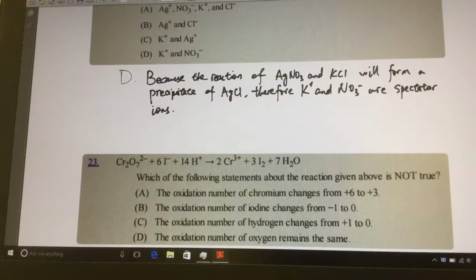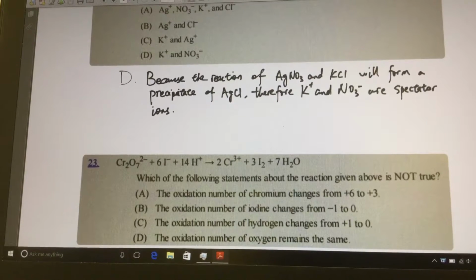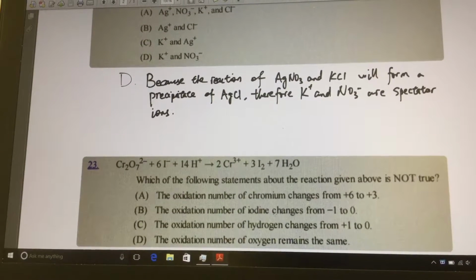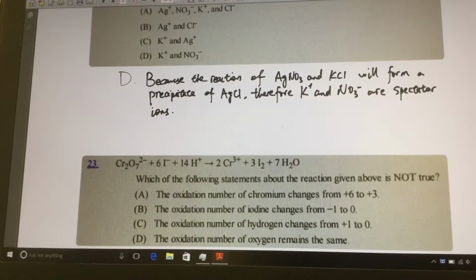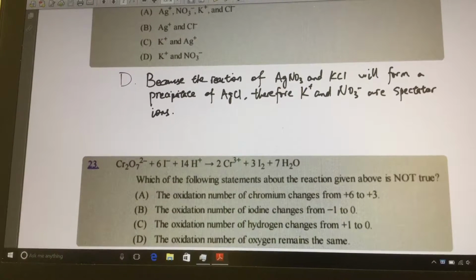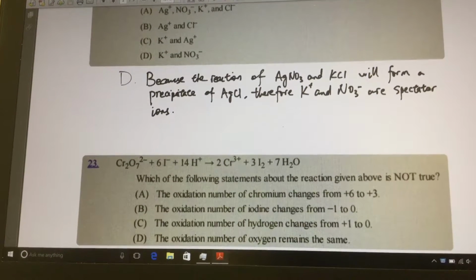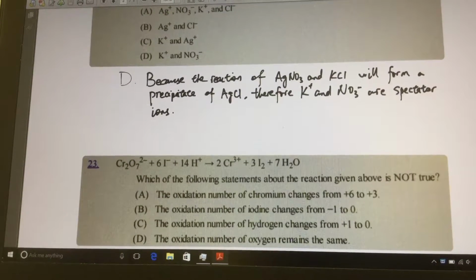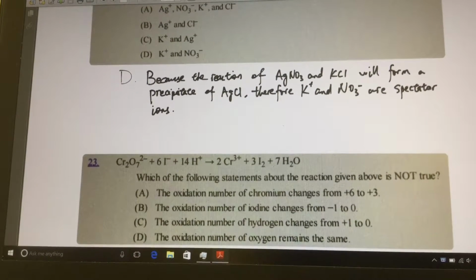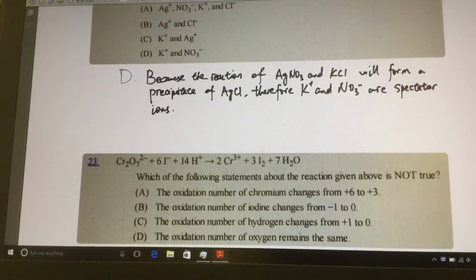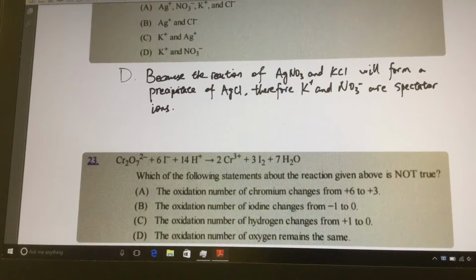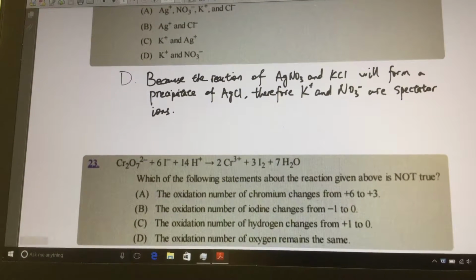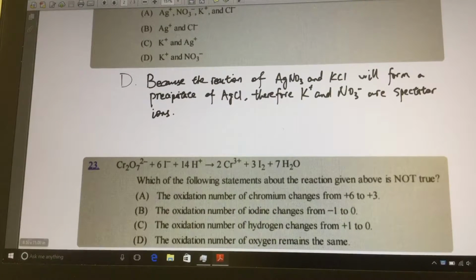The second one, the oxidation number of iodine changes from -1 to 0. Well, on the reactant side, it says -1 here, and we also know that the oxidation number of an element is 0, so the second one is also true.